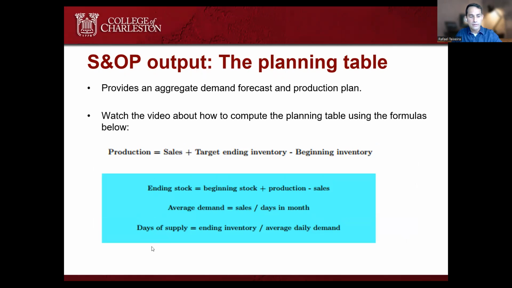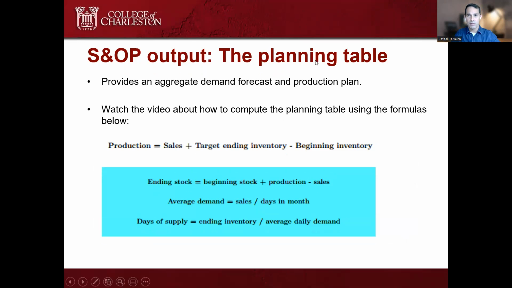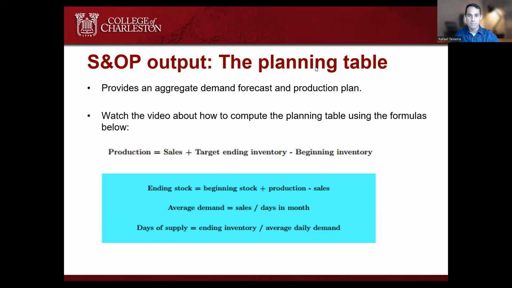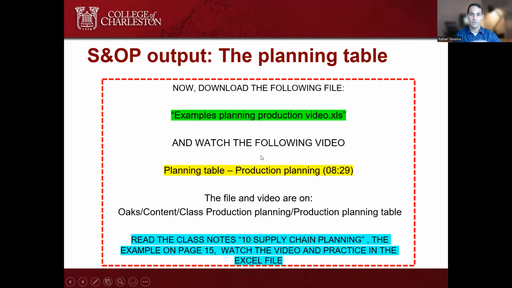In the next slides, we have the planning table. You're going to download the Excel spreadsheet, and you're going to watch the video and follow along. Here are the guidelines: download the following file, watch the following video, and so on. Okay, thanks.